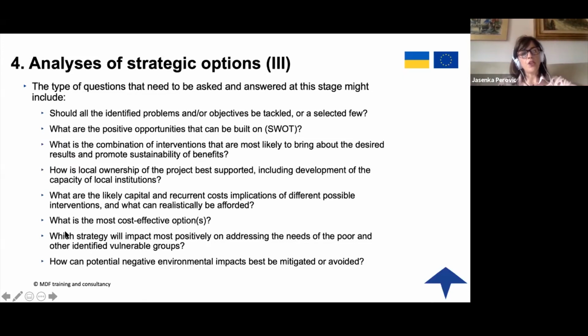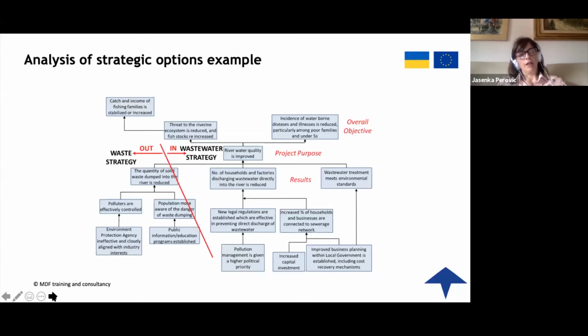These are some additional guiding questions that can help you in assessing and doing this strategy analysis. And at the end, your strategic options, the example of how it should look, is this. Based on the questions and the criteria I shared with you, some of the things from the objective tree you will conclude should be out of this particular call for proposal.